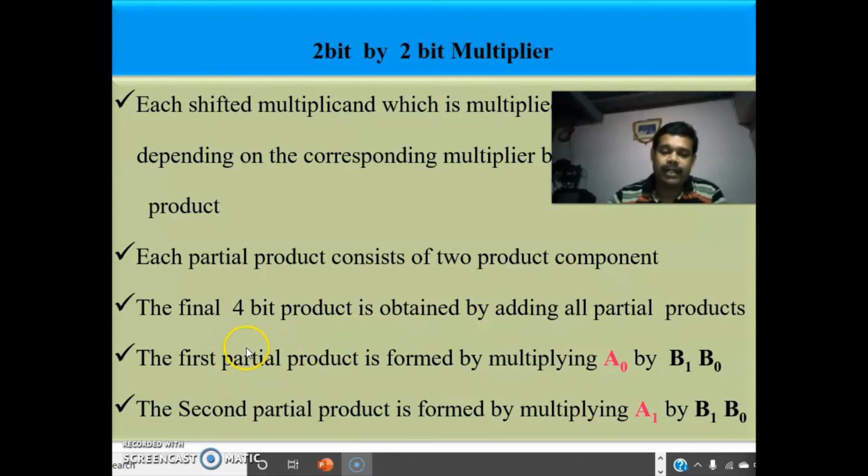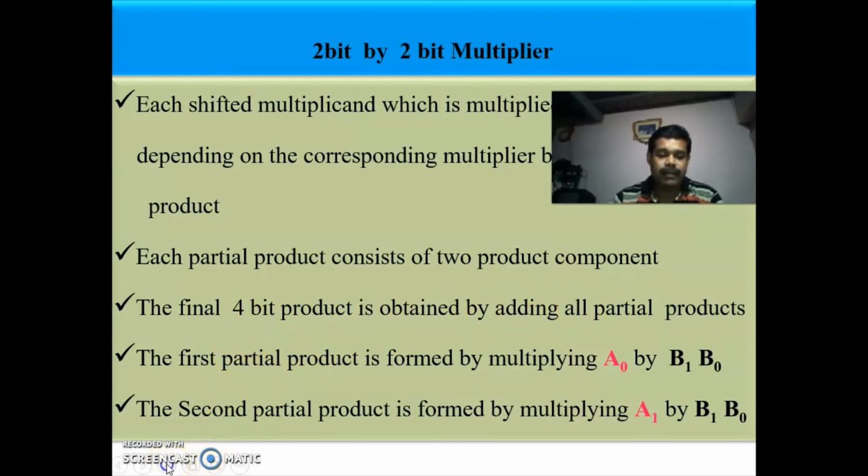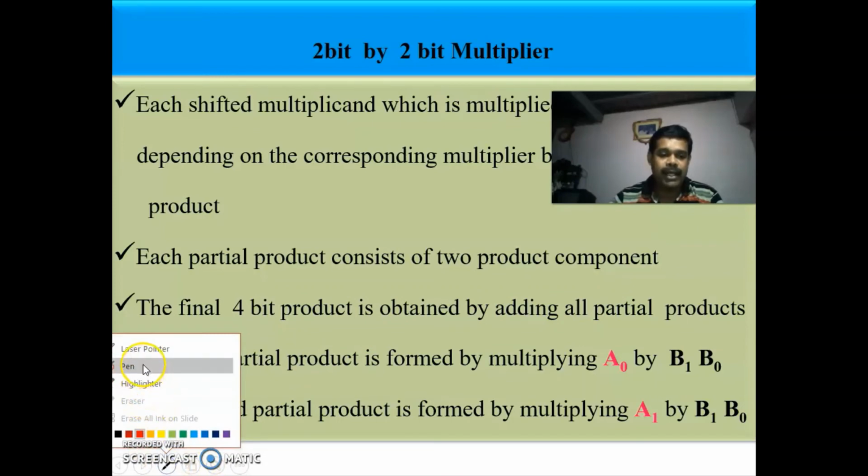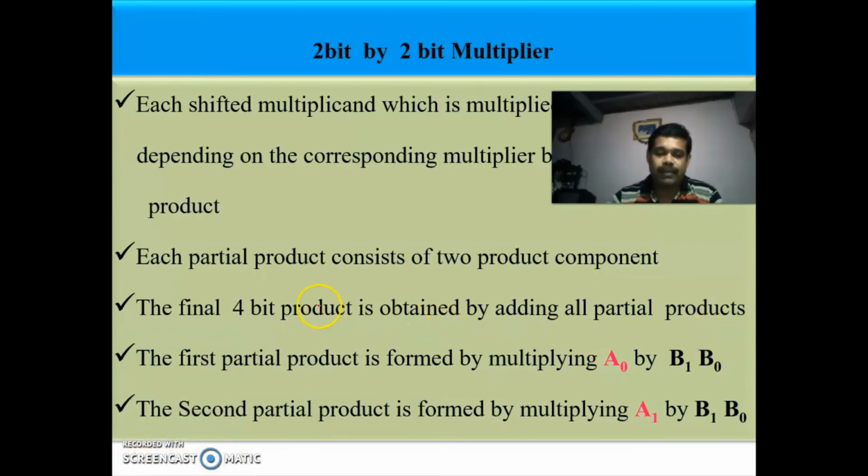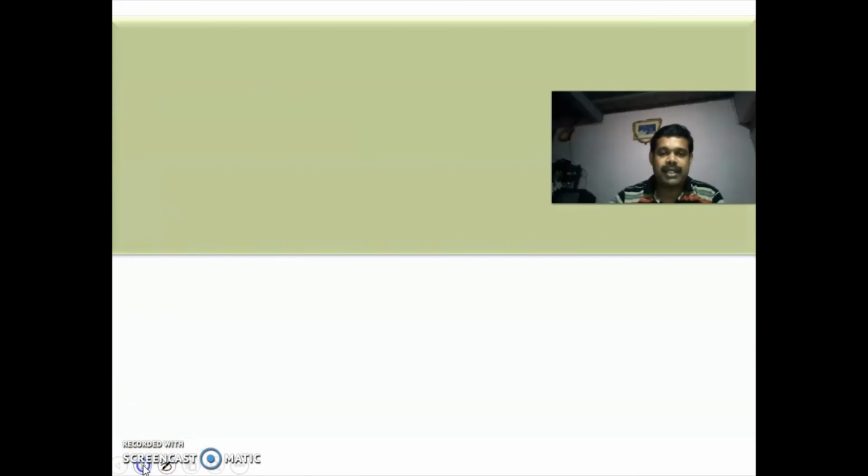By adding all the partial products only, you get the product. The first partial product is formed by multiplying A0 by B1 B0. The second partial product is obtained by multiplying A1 by B1 B0. We have seen that.